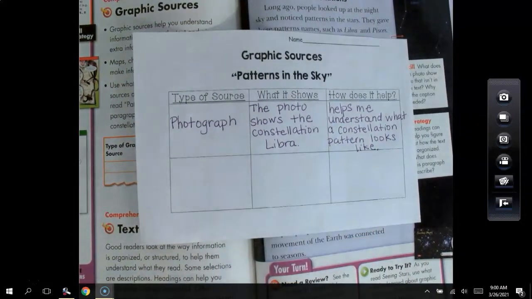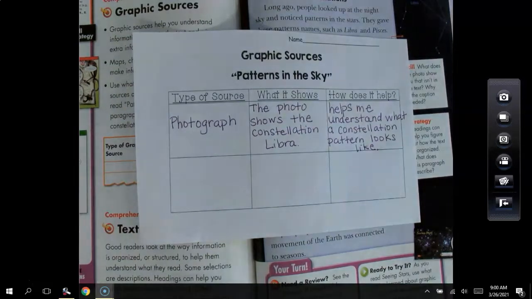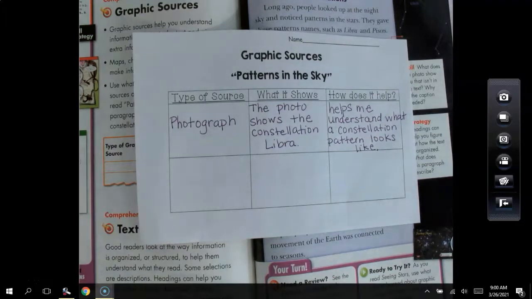So boys and girls, graphic sources help you understand the information more clearly, better. So this photograph, if you were just reading the text and you came across the word constellation, you might not have even known what a constellation was. Maybe that was the first time you even heard the word.